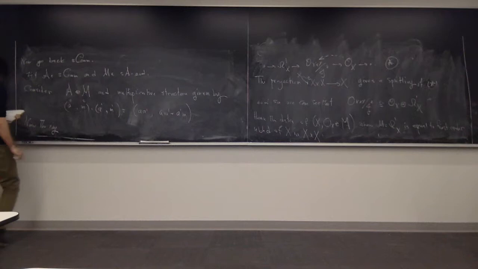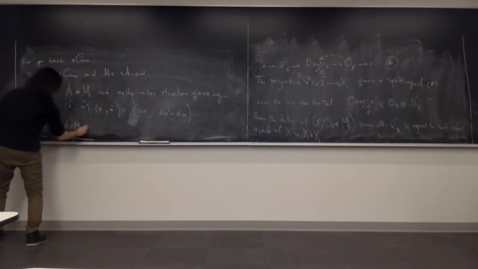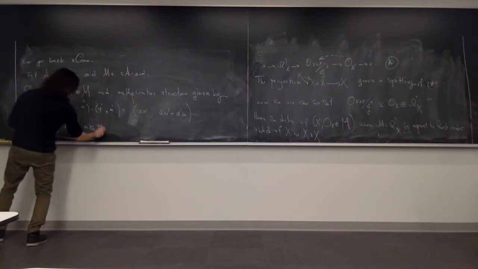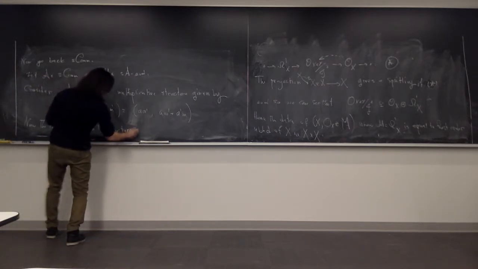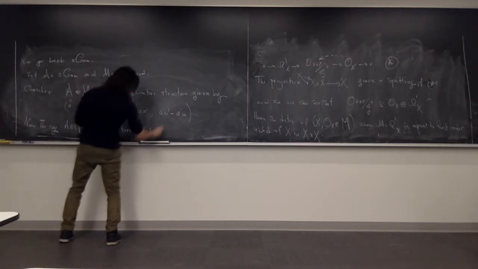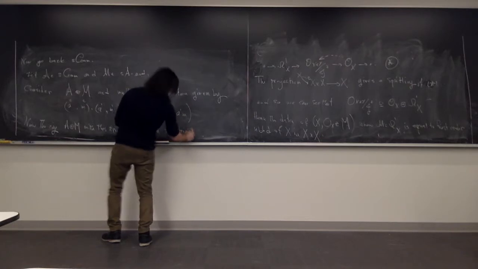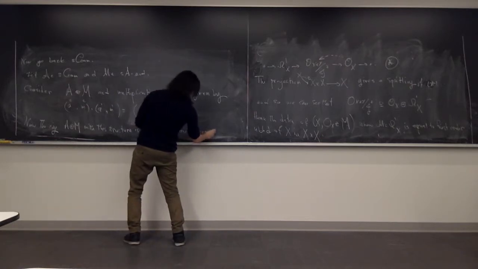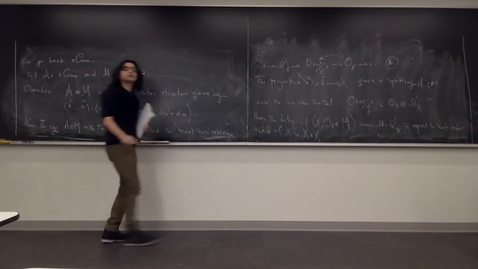So this ring A plus M, with this structure, is called the trivial zero extension, because it mimics that idea over there. It's the trivial zero extension.